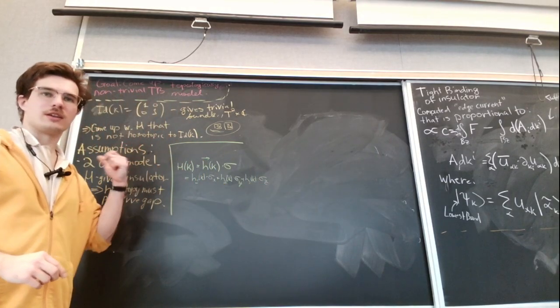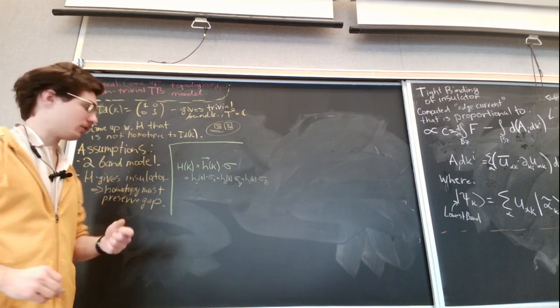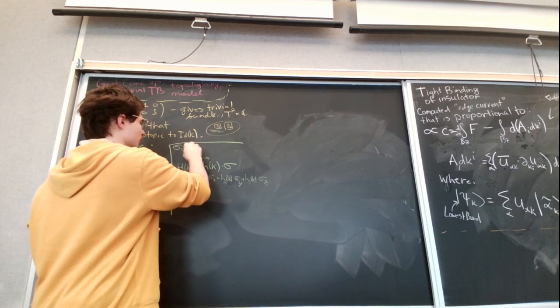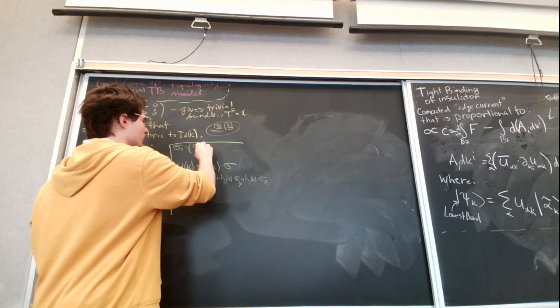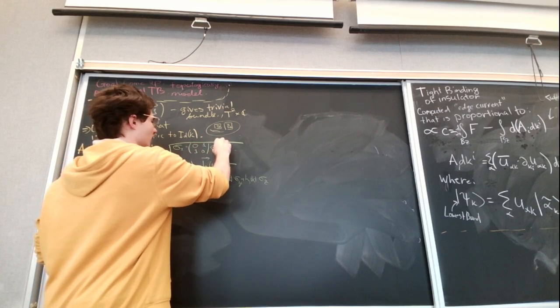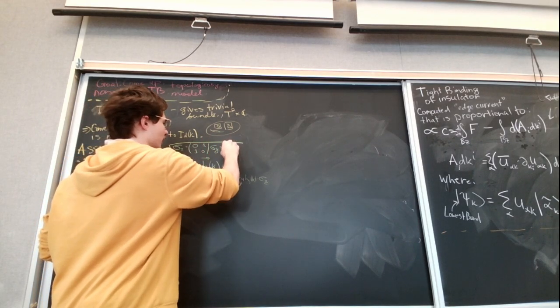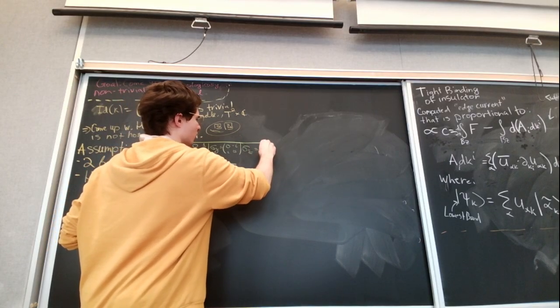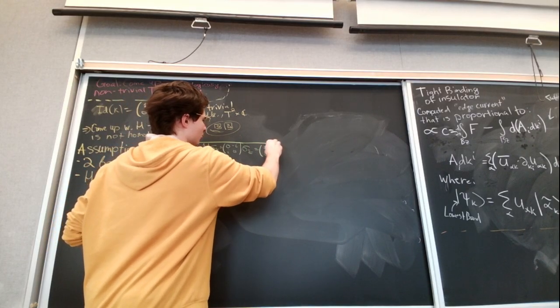Okay, where sigma x, sigma y, sigma z are Pauli matrices, so sigma x is 0, 1, 1, 0, sigma y is 0, minus i, i, 0, sigma z is equal to 1, 0, 0, minus 1.